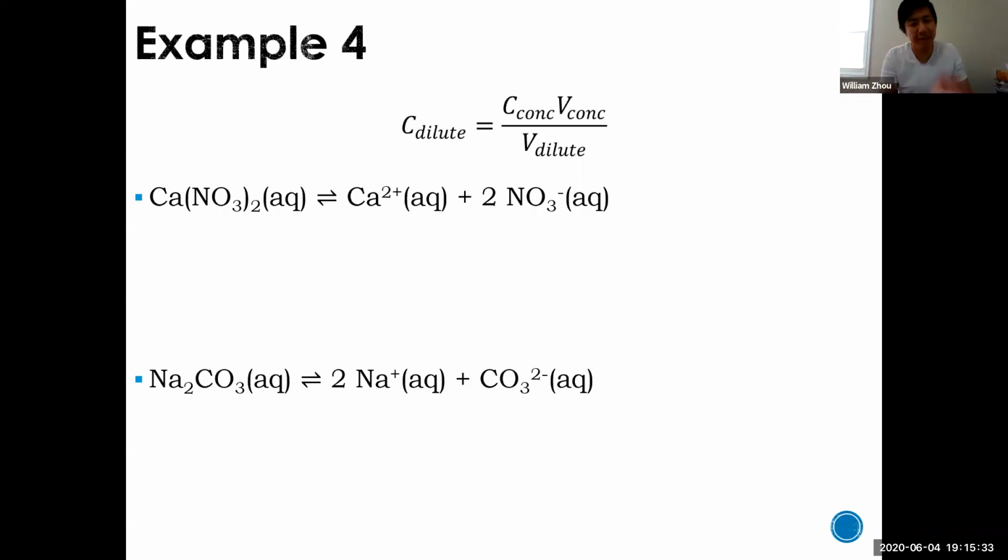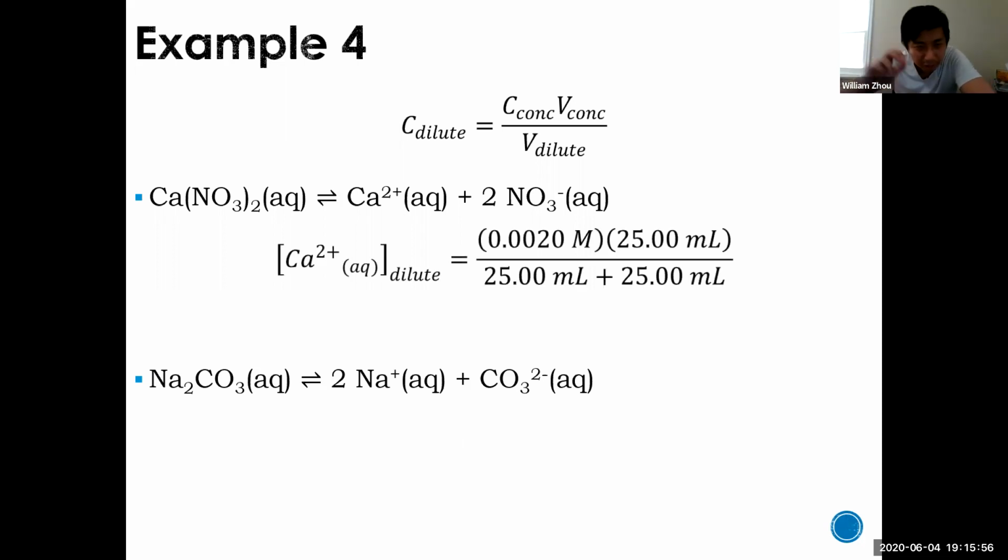The ones in the precipitate, calcium and carbonate, because those two will make the precipitate. So we need to know the concentration of calcium after you mix them up. You can do that by using this equation. Where do you get the calcium from? It comes from calcium nitrate. You can apply the formula to calcium nitrate to get the final diluted concentration.